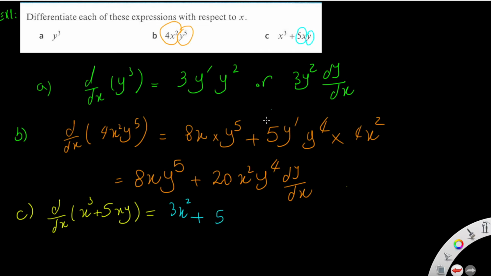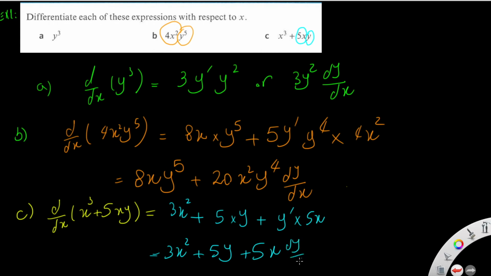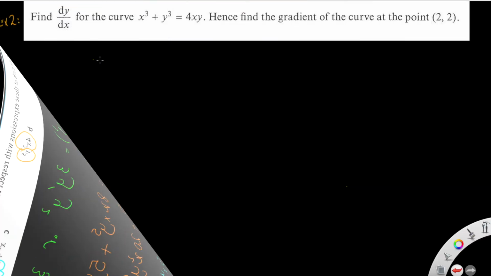It will be 5 times y plus differentiation of y. Differentiation of y is y prime times 5x. So it simplifies to 3x squared plus 5y plus 5x. You can write dy dx for the third part.